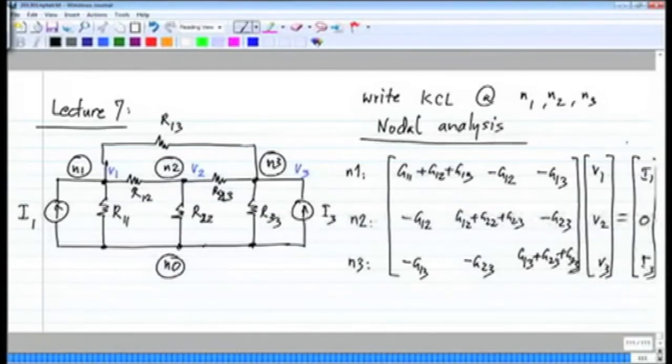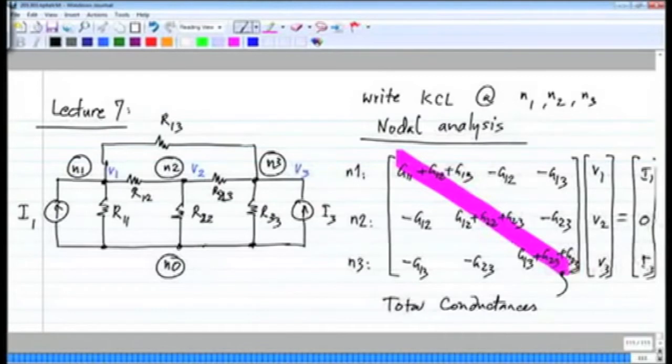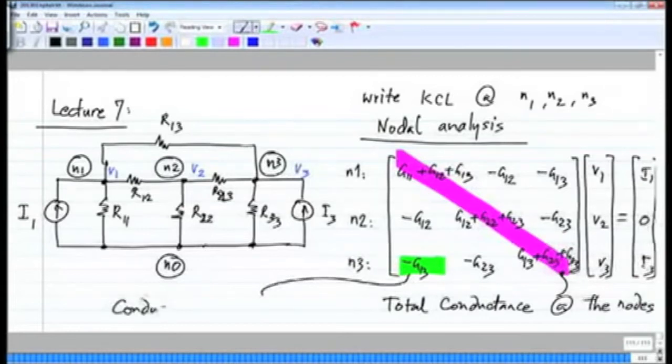And as I said, these will be conductances, total conductance at the nodes, and the off diagonal ones will be negative of the conductance between two nodes.